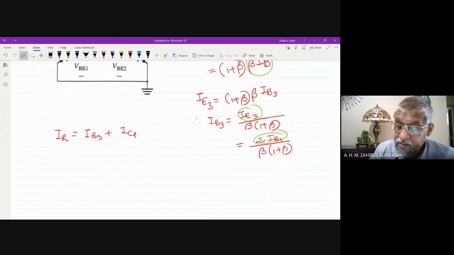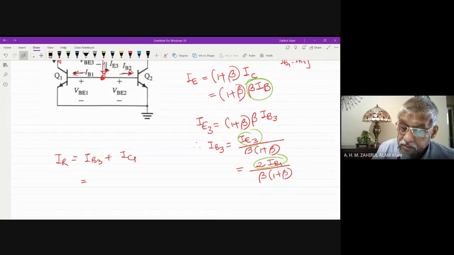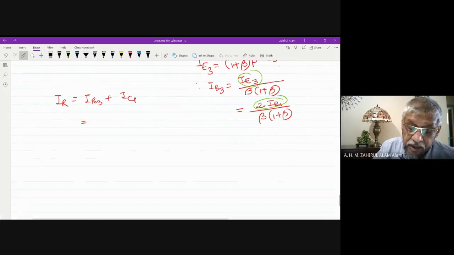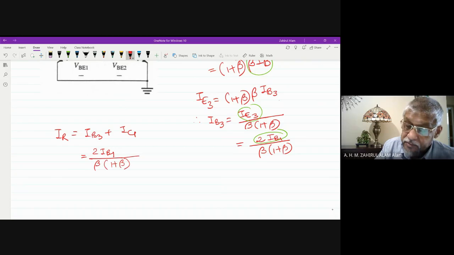So IB3 is equal to 2 IB1 divided by 1 plus beta, plus IC1.